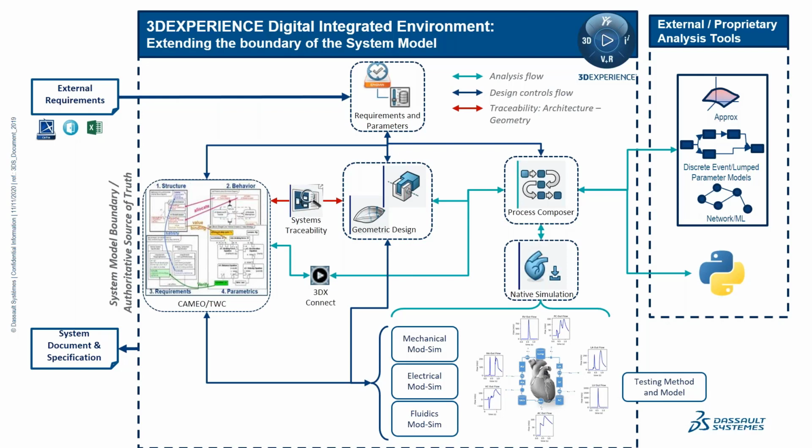So you can start looking at safety observers, or on some more complex devices that have some signaling or timing interactions with the heart, to actually make sure that everything's in sync and working together through that process composer and 3DX Connect link to directly tie those to the simulation.